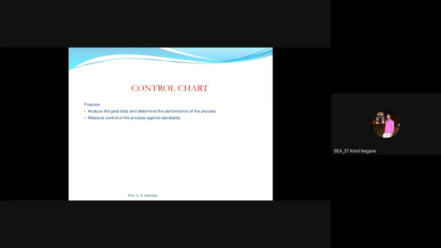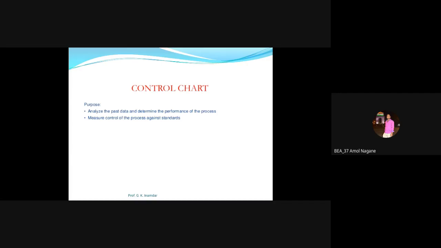For that purpose, we have to analyze each and every year through the control charts and we can compare them. For comparing, or for measuring control of the process against standards, control charts are required. Analyze the past data and determine the performance of the process.